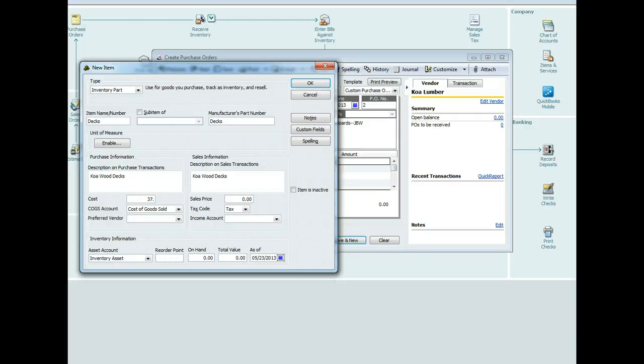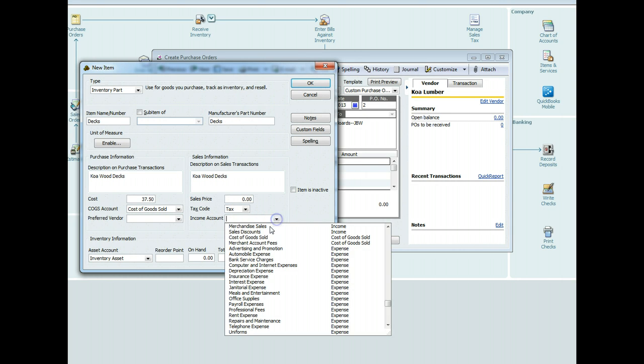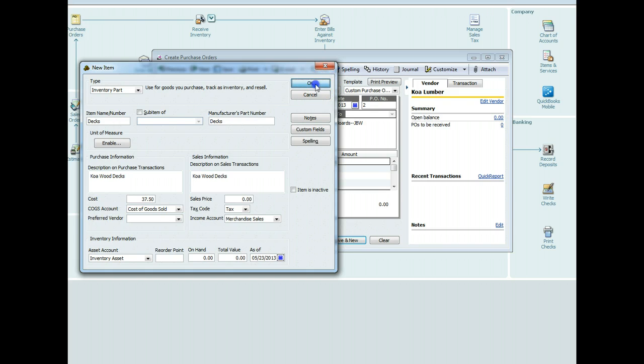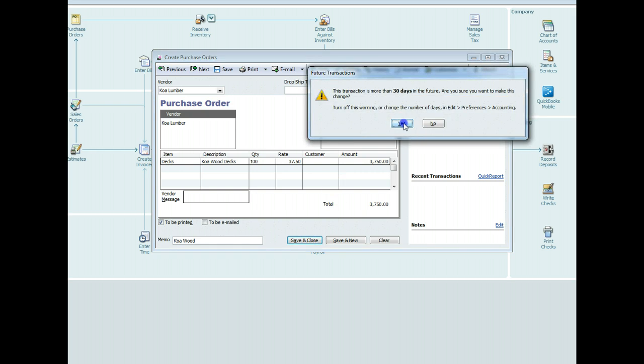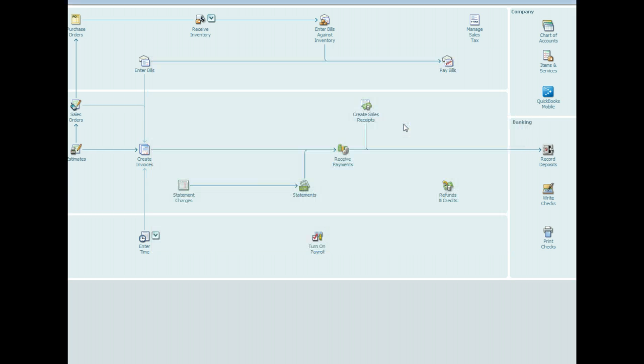That means you've got $3,750 each. So oftentimes in business, you just have to make the best estimate you can. So I'm going to buy 100 of these decks at $3,750, but you and I and everyone else knows this is just an estimate. We may have to fix it later. Okay, so it's 710 decks, everything's good. Save and close. Okay, so now we've ordered our stuff.